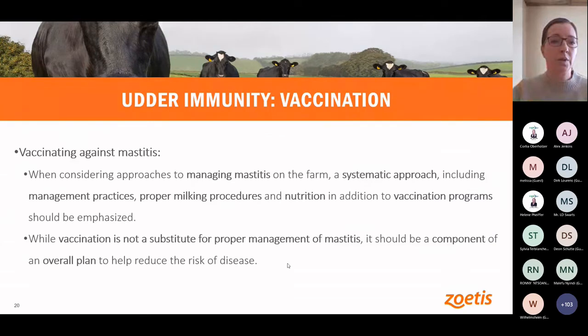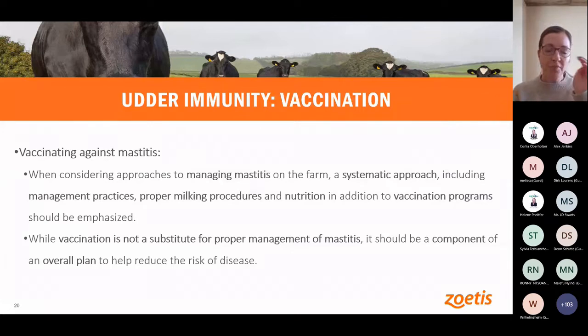All right, so let's talk about vaccinating against mastitis just quickly. I think there are about 3 vaccines on the market at the moment for vaccinating against mastitis. It's for E. coli, Staph aureus, and then I think the newest one is for Strep uberis.